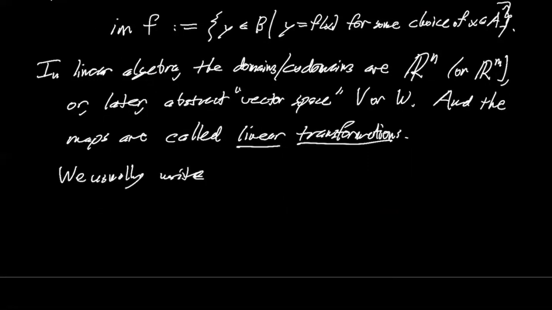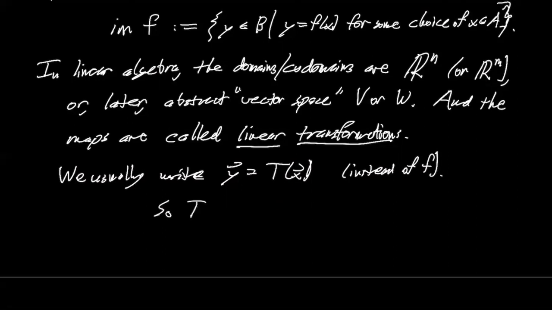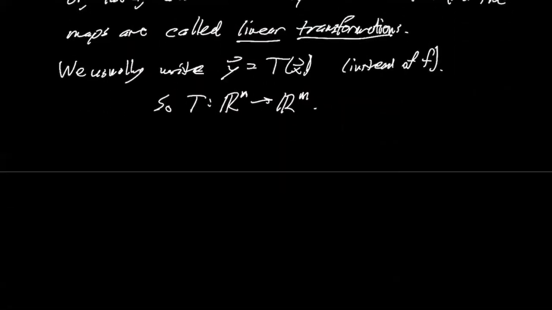We usually write y equals capital T of x. So T instead of F. So we're going to have maps T. If we're going to give them by matrices, they're going to go from R^n to R^m.